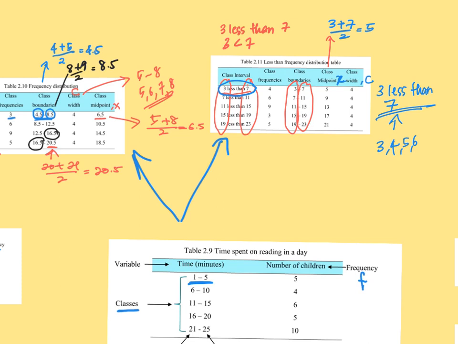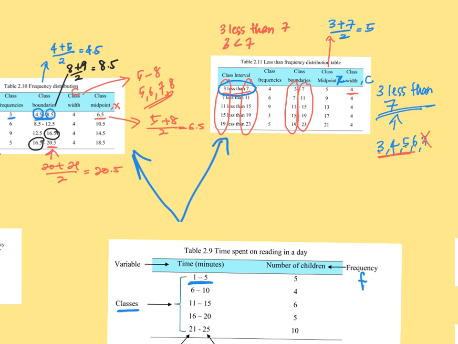Yes. But 7, is it less than 7? No. 7 is actually equal to 7, so this is wrong. So the class size or the class width is 1, 2, 3, 4. That's why the class size or the class width is 4. For a detailed explanation, you can read it from the books that you have.